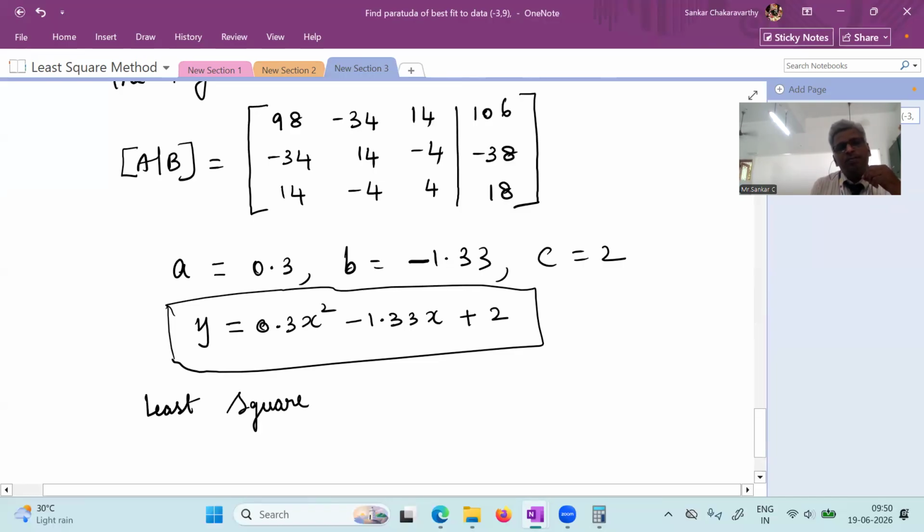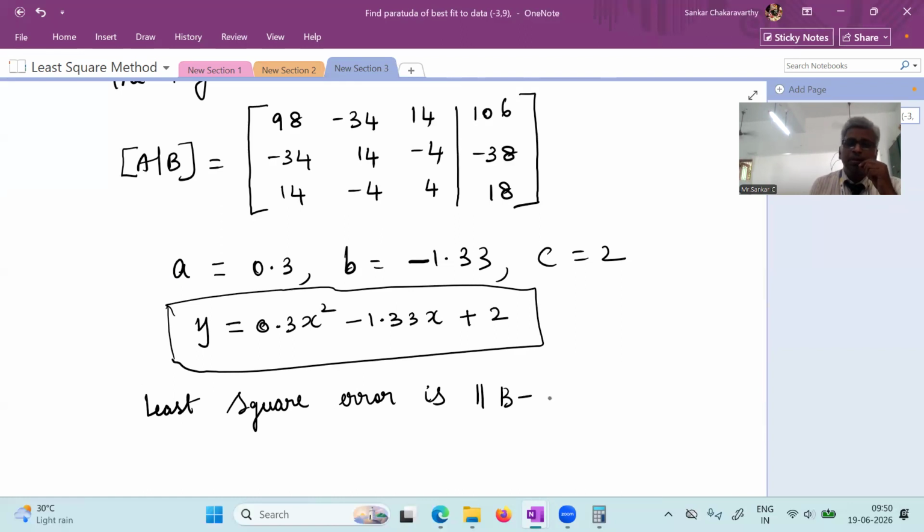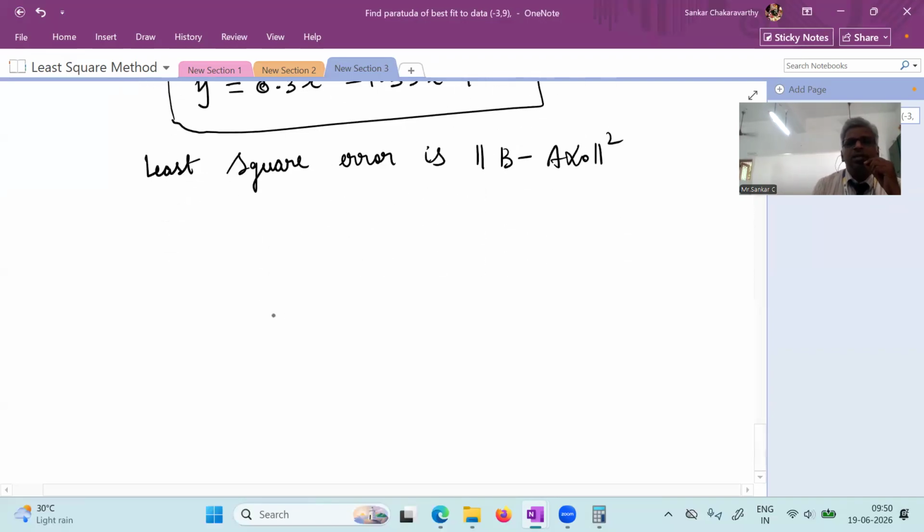where the error is gamma p minus ax naught, the square. So first, let us find ax naught. Ax naught is equal to, you know the A matrix.